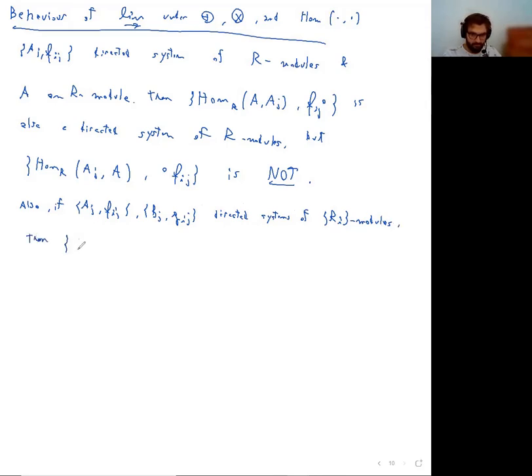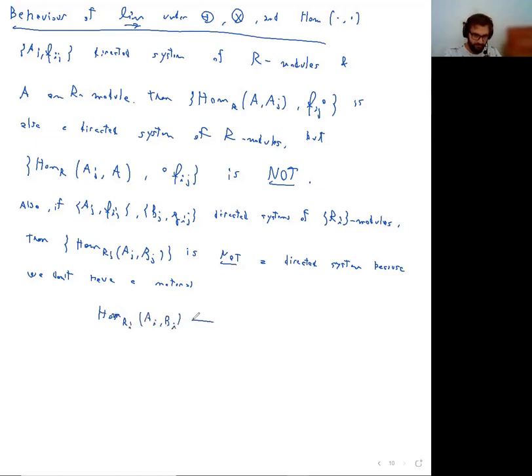Then Hom over R_j of A_j, B_j is also not a directed system. And the reason for this is that we don't have the morphisms between them. So there are no good maps to go from the i level to the j level.